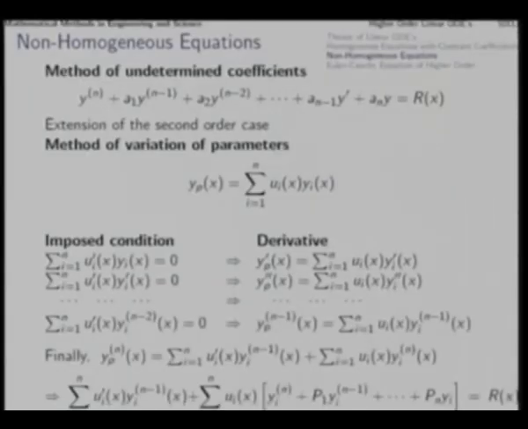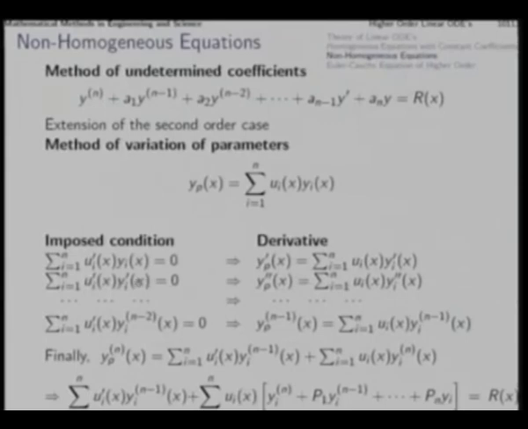So, we find out its derivative, and as we put its derivatives, in that there will be again 2n terms together taken as 0. That is the second condition that we have imposed. As we impose that, from the derivative of this, the sum of the u prime y prime terms vanishes, and the rest of the terms, u into y double prime, remain here.